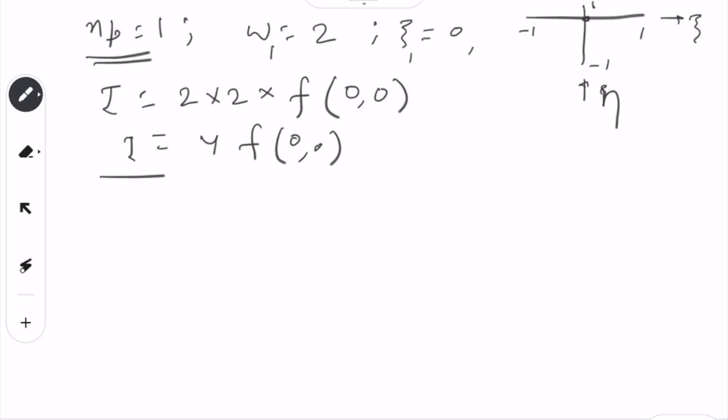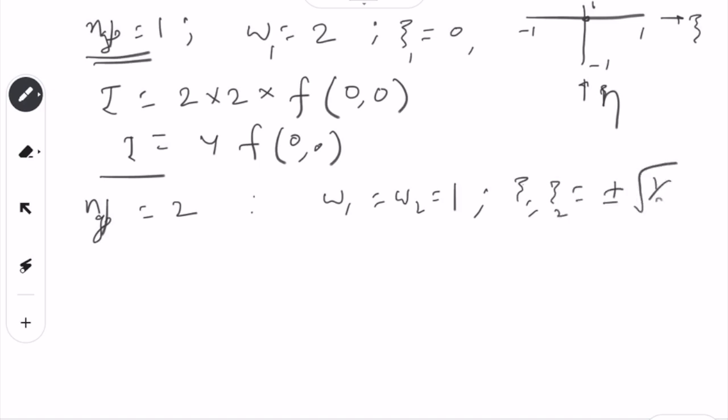If NP equal to 2, okay, if the number of Gauss points, sorry, NGP, equal to 2, then we know that W1 equal to W2 equal to 1, and xi1, xi2 equal to plus minus root 1 over 3, equal to plus minus 1 over root 3.